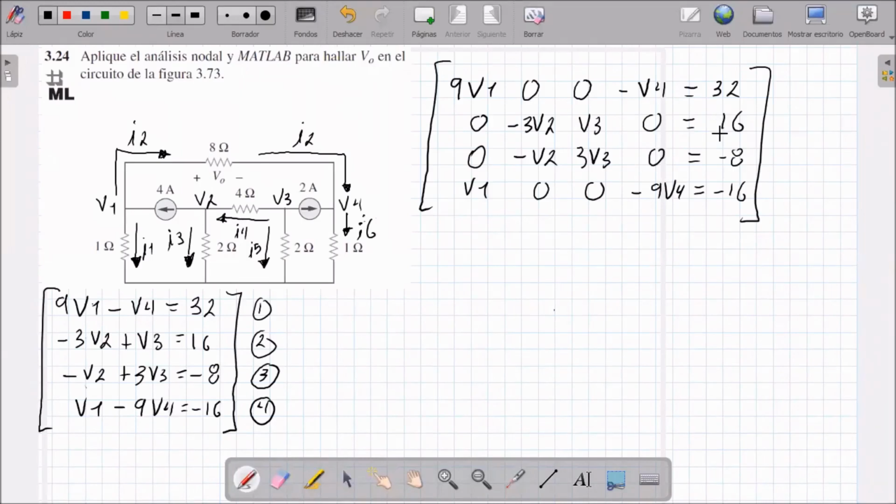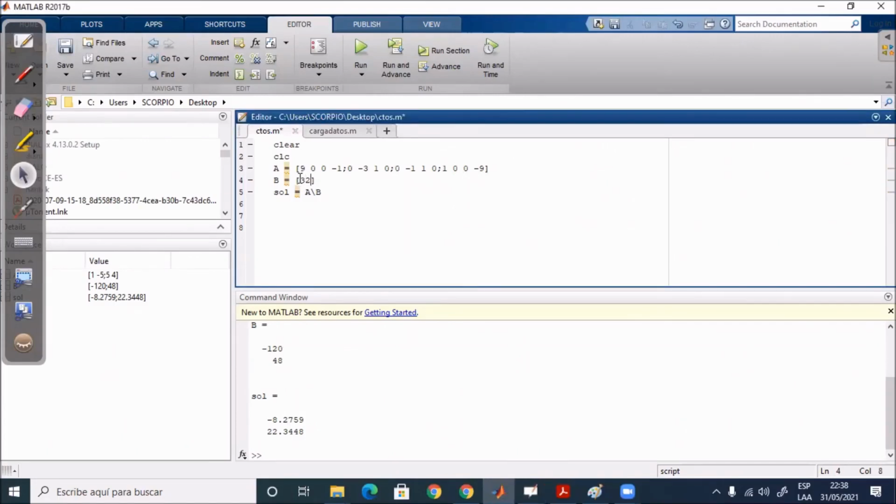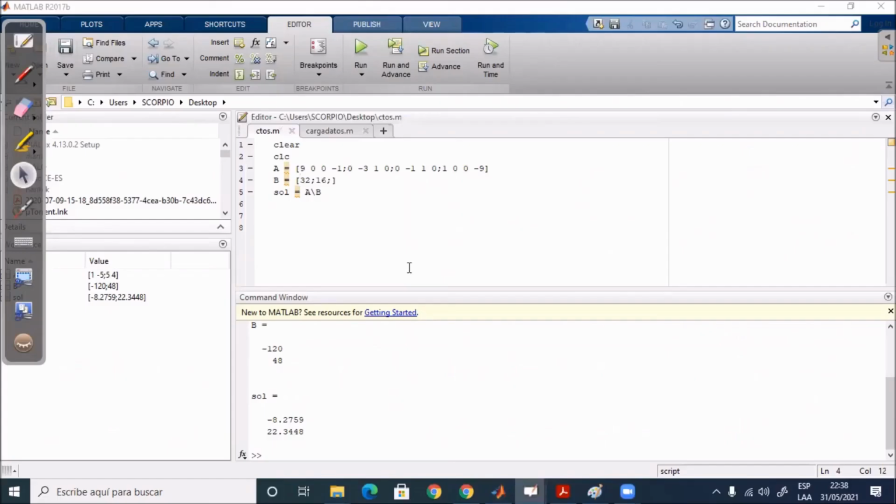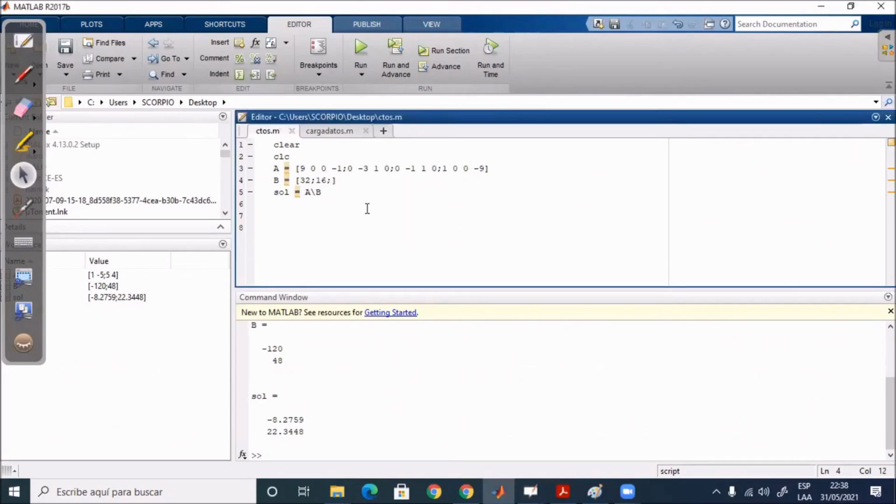The side of matrix B, which has the results, would be 32; 16; minus 8 and minus 16.